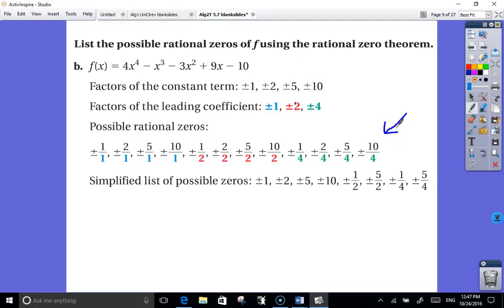But now you can look at that. You can simplify, first of all: plus or minus 1 over 1 is plus or minus 1. Plus or minus 2 over 1 is plus or minus 2. But also you don't write down things that are equal to each other.